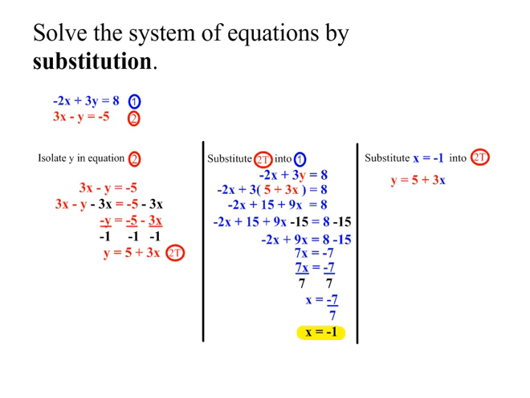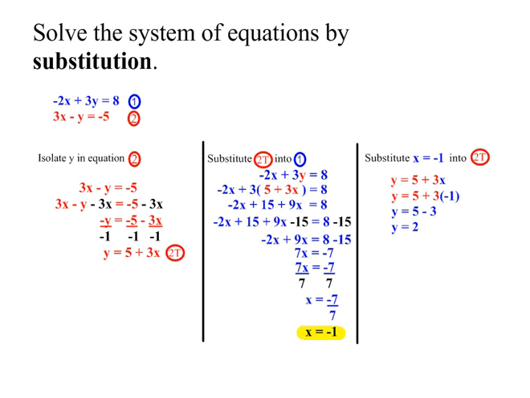So my 2t, my equation 2, which is this equation up here, and t because it's transformed, I just changed the look of it, was y is equal to 5 plus 3x. So remember our x is minus 1, so I substitute x is equal to negative 1 in there. So we're left with y is equal to 5 minus 3.